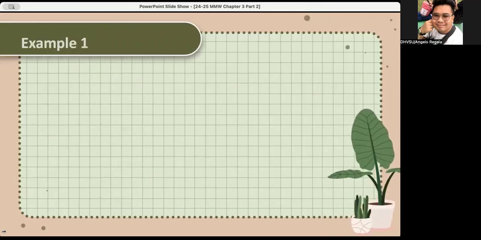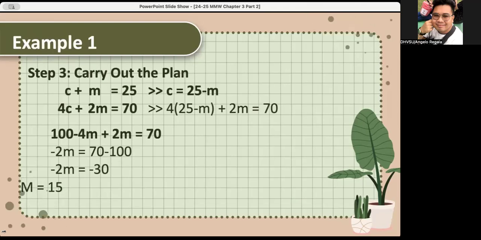Then afterwards, we solve. We execute or carry out the plan. By substitution, or rather by transposing M to the other side of the equation, from C plus M we can have C equals 25 minus M. Using the value of C, by substitution, we have 4 times (25 minus M) plus 2M equals 70.